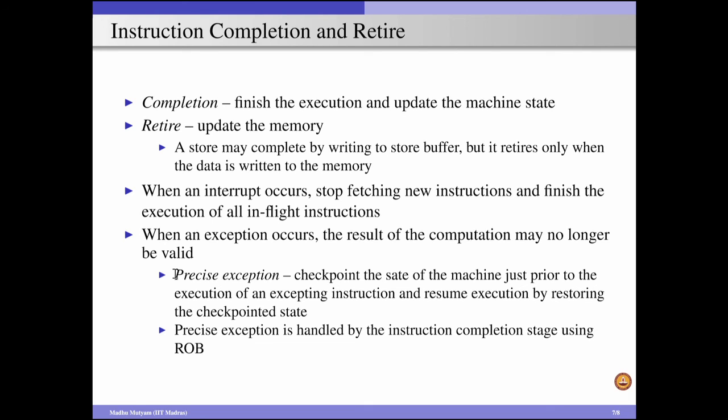So again, the ROB is going to take care of these precise exceptions. Whenever we execute an instruction which creates an exception, all the instructions starting from that exception instruction, and all the trailing instructions issued after it, will be invalidated, because we have one field per entry in our ROB, that is a valid bit, and we can invalidate the corresponding instructions, so that these instructions do not have any impact on the machine state or the processor state.